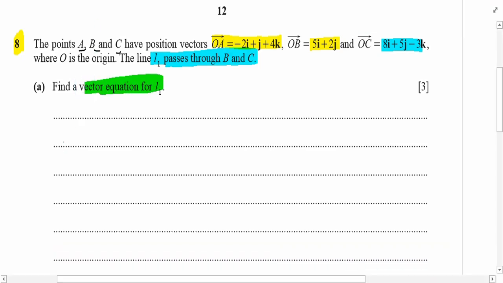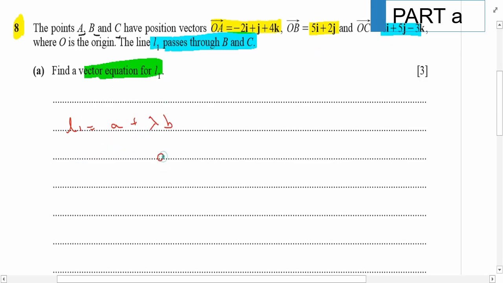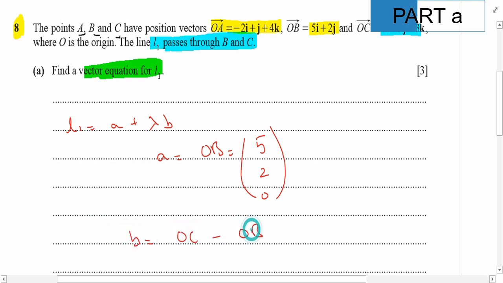So we know that L1 equals A plus lambda B. Let's say A is equal to OB, which is equal to (5, 2, 0). And B equals the direction vector of the line. So B equals OC minus OB.